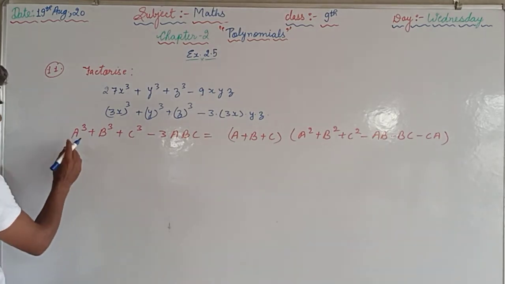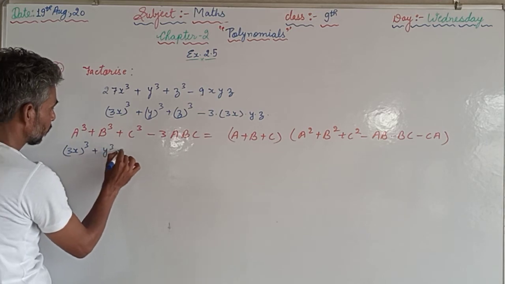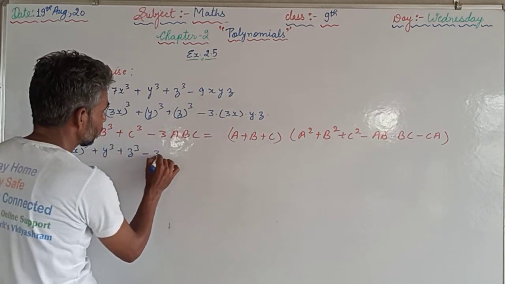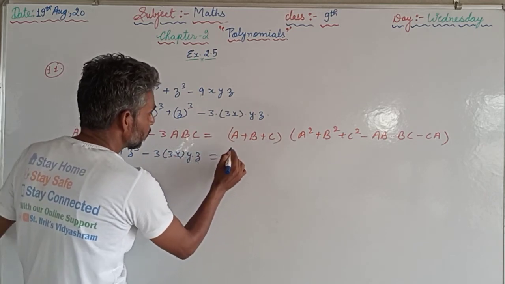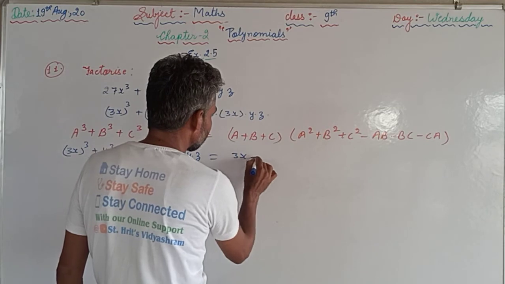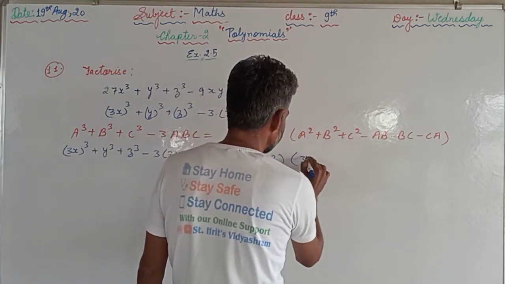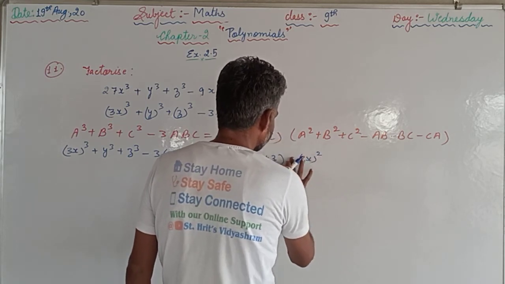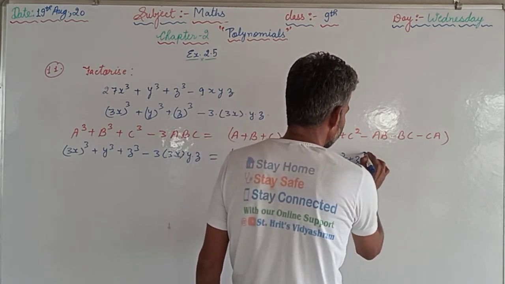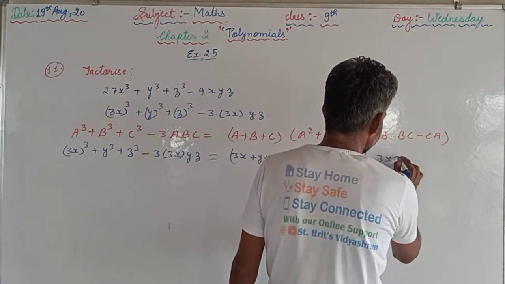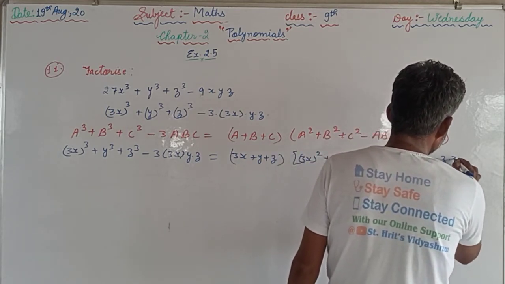So here we will write (3x) cube plus y cube plus z cube minus 3 into 3x into y into z is equal to a plus b plus c, meaning (3x plus y plus z), and in the second bracket a square means (3x) square plus y square plus z square minus 3x into y minus y into z minus z into 3x.